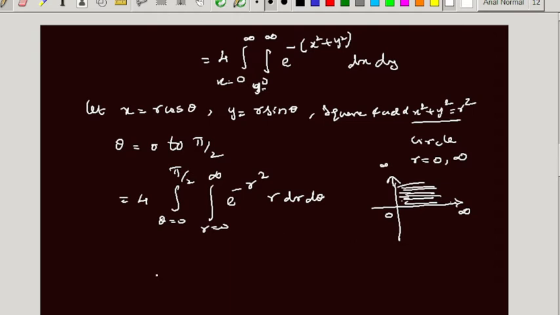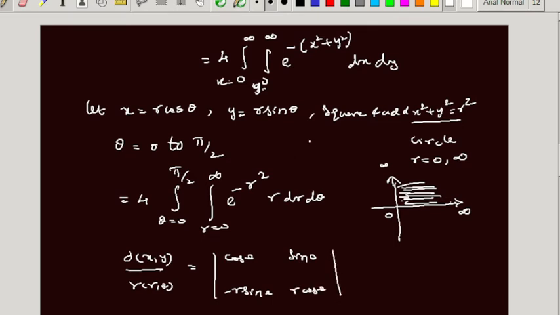So what is the Jacobian? X is r cos theta, y is r sin theta. That is dou of x comma y divided by dou of r comma theta, which is differentiation with respect to r, we get cos theta and sin theta. With respect to theta, minus r sin theta and r cos theta for y.